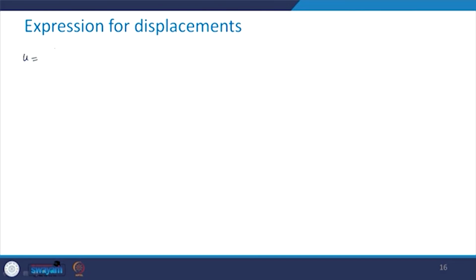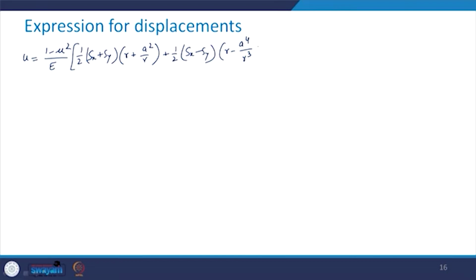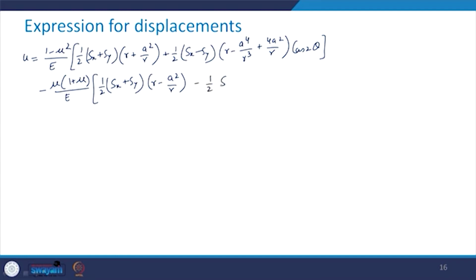How? Let us see. So u will be equal to (1 minus mu square) upon E [half (Sx plus Sy) (r plus a square upon r) plus half (Sx minus Sy) (r minus a to the power 4 upon r cube plus 4a square upon r) into cos of 2 theta] minus mu (1 plus mu) upon E [half (Sx plus Sy) (r minus a square upon r) minus half (Sx minus Sy) (r minus a to the power 4 upon r cube) cos of 2 theta].